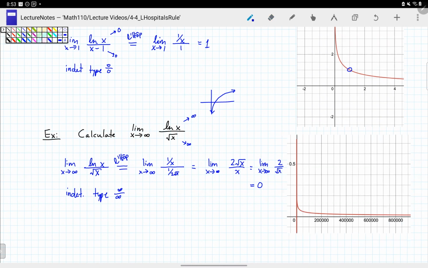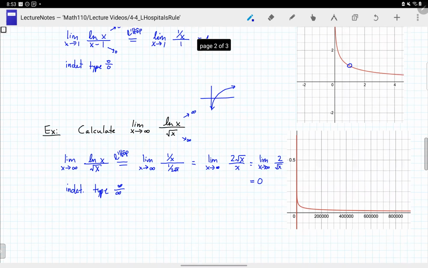And I also noticed that the output values are going to be close to 0, and so I had to zoom out on the x values and zoom in on the y values. So here's a picture of that graph, and it looks pretty good. It looks feasible that this limit is 0.